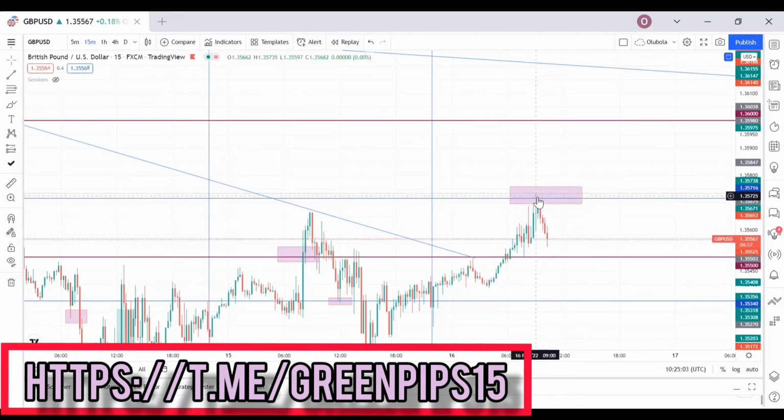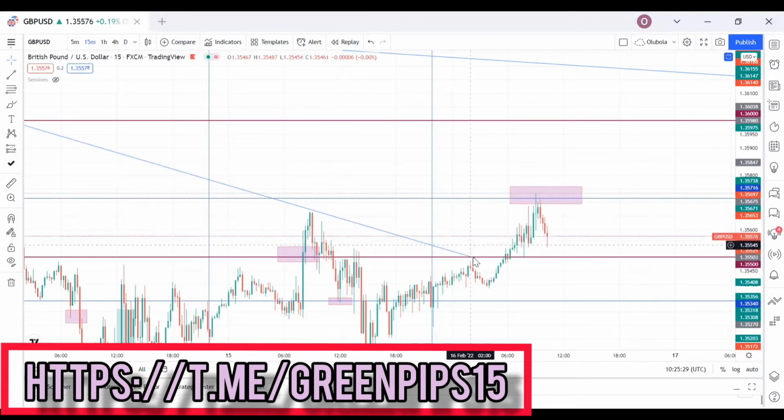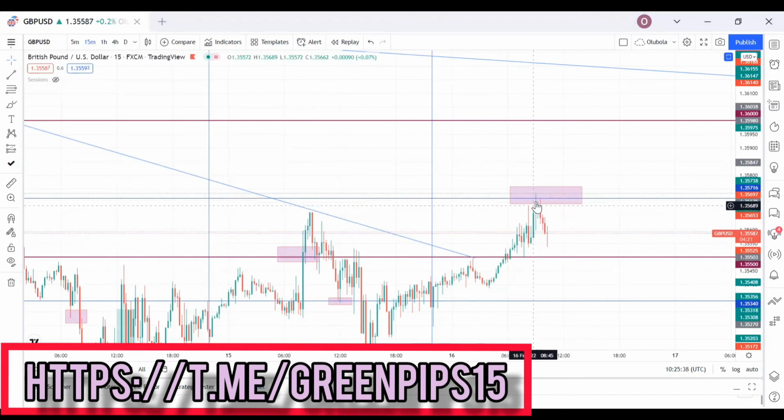Now this high has been broken, so it creates an uptrend for us. This point is no longer valid for a trend line, so we are looking for the next valid point. The next valid point is here now, because the buyers could not push further. The sellers took over from here.